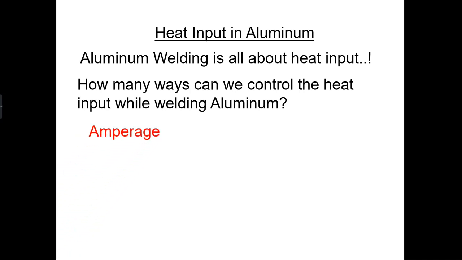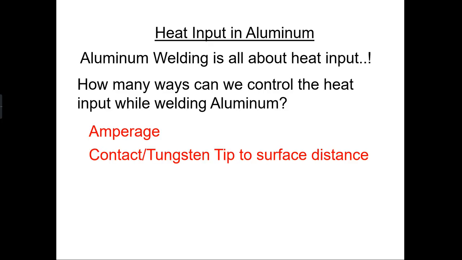So heat input is the most important thing when it comes to aluminum welding, and our key factor in heat input is always going to be amperage. Now, we have a contact tip if it was GMAW, and we have a tungsten in our case because we're doing GTAW, gas tungsten arc welding. Your rate of travel is an important feature in this.